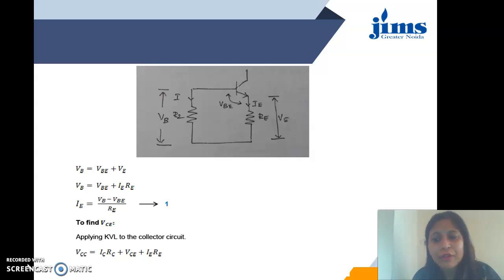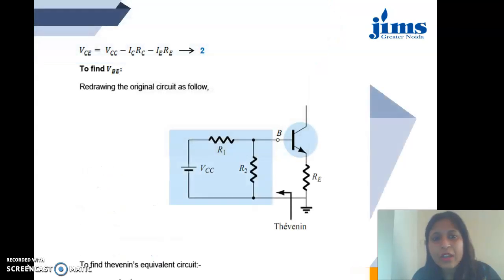I hope all of you know how to apply KVL and KCL, and this you must have covered in first semester network theory and second semester electronic devices. So we will arrange this second equation in this form, that VCE equals VCC minus IC RC minus IE RE.